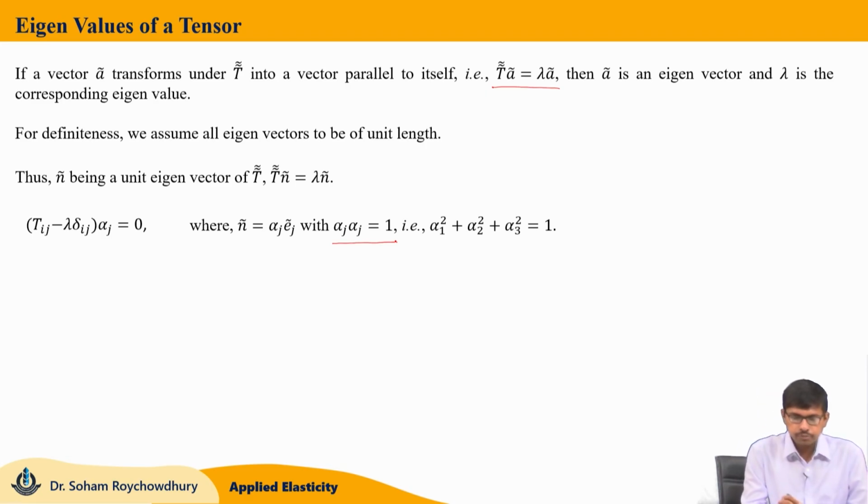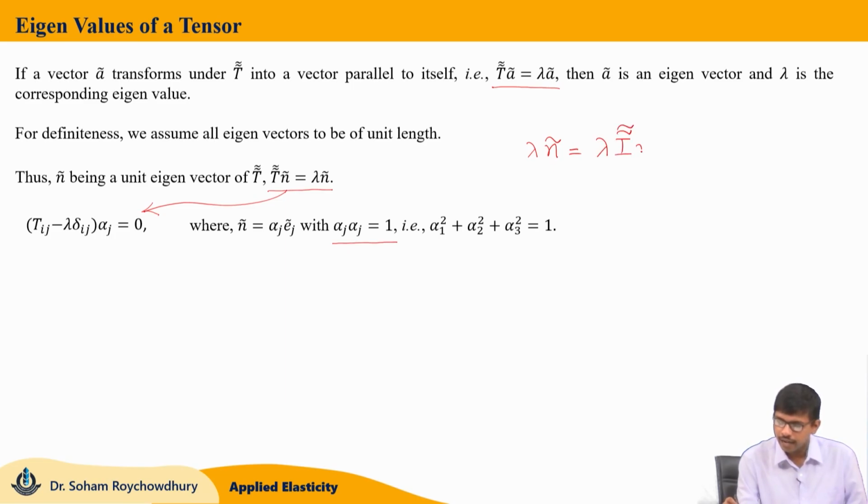Now, with the help of n as alpha j e j, we can write the expression T acting over n equals lambda n in index notation as (Tij minus lambda delta ij) alpha j equals 0. So, lambda times n is written as lambda times the identity tensor I acting over n, and that I is here represented as delta ij.